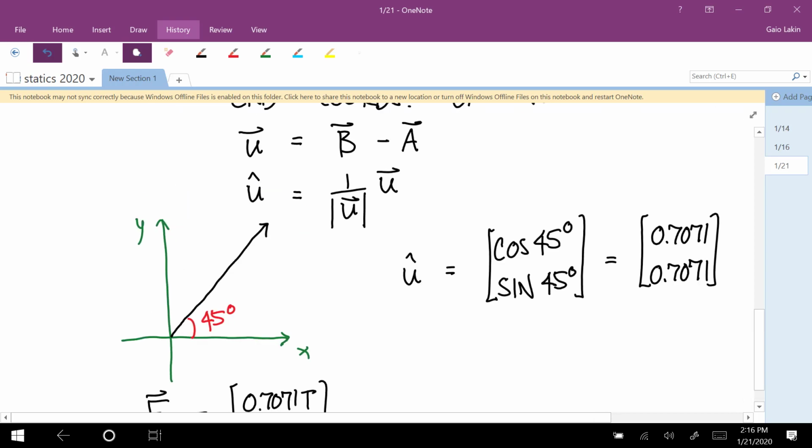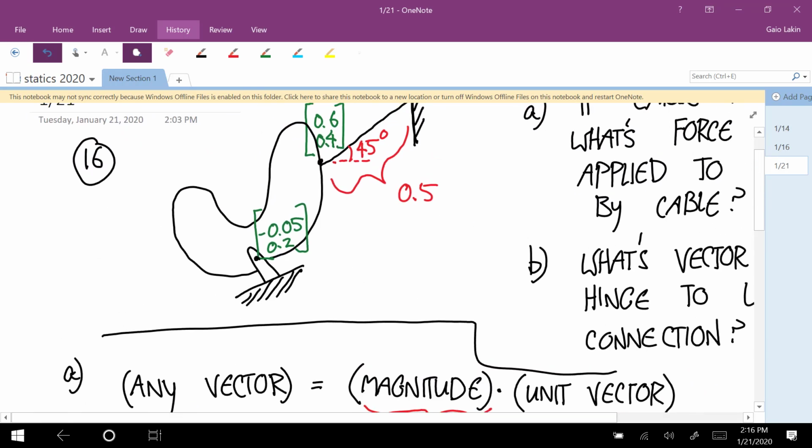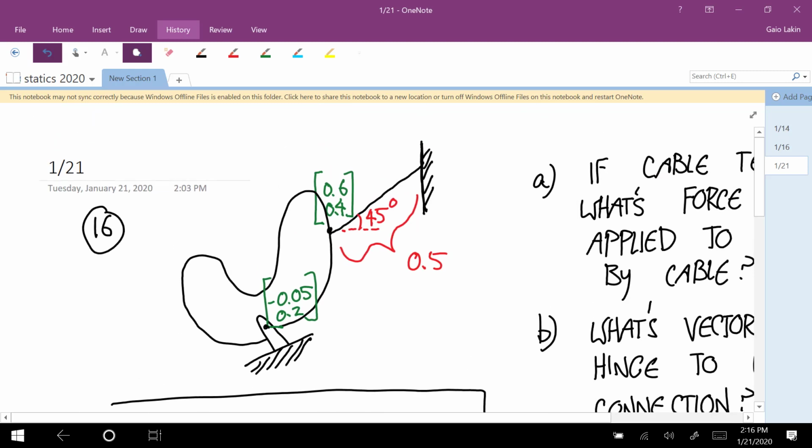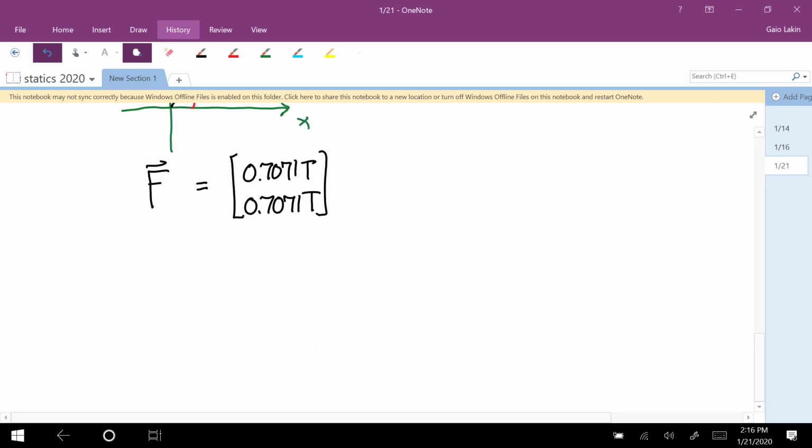Okay, and then part B. So now what's the vector? The vector we want is from the hinge to where the cable connects with the wall.